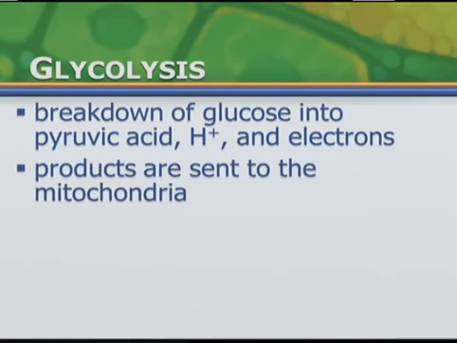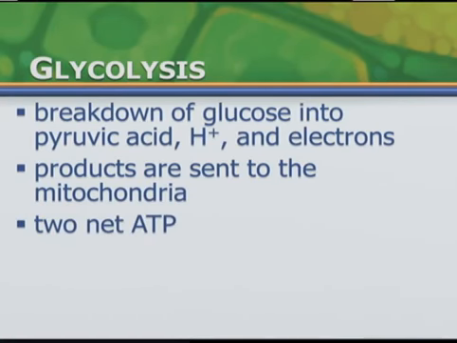As I've already mentioned, the products, the pyruvic acid, the hydrogen ions, the electrons, are all sent to the mitochondria. Remember, that's the center of cellular respiration in eukaryotic cells. One of the other end products of glycolysis, the whole point of cellular respiration, is that we're going to get 2 ATP.